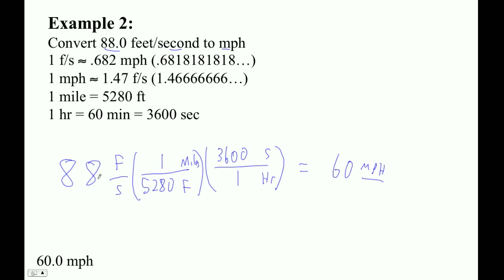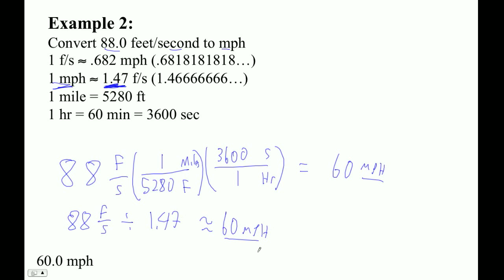Now let me just show you a little trick here. See that same unit conversion there? Notice that if I take miles per hour and multiply by this, I will get feet per second. If I already have feet per second, I can actually divide by this one. So I can go 88 feet per second divided by 1.47, and I get 59.86, which is roughly 60 miles per hour.